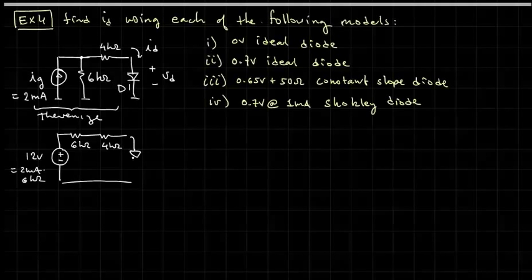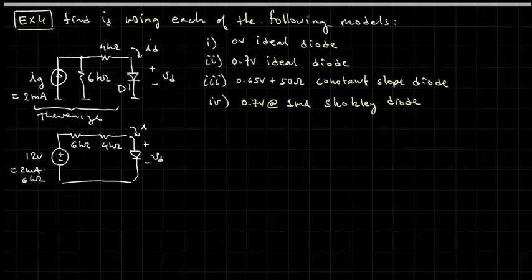The current source and the 6K resistor will turn into a 2 milliamp times 6 kilo ohm, or 12 volt voltage source in series with a 6 kilo ohm, followed by a 4 kilo ohm resistor. We then add our diode.